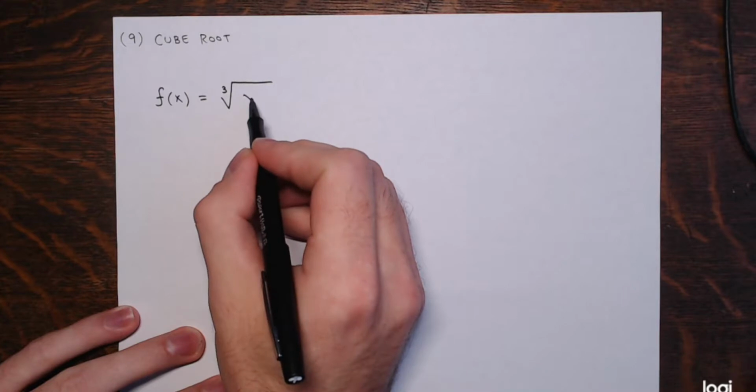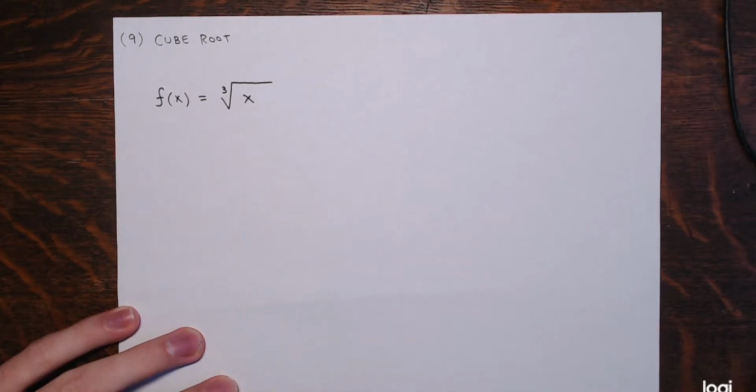Cube root of x. Now this is the real cube root, with nothing with an imaginary number involved. Technically, every number has 3 complex cube roots. We're taking the real one. I want my output to be a real number.